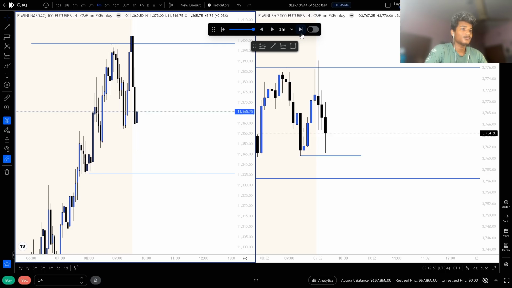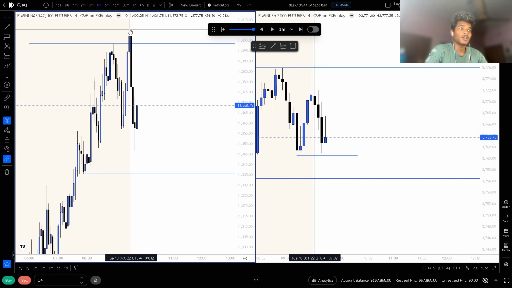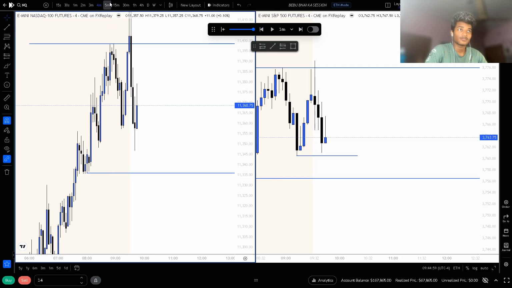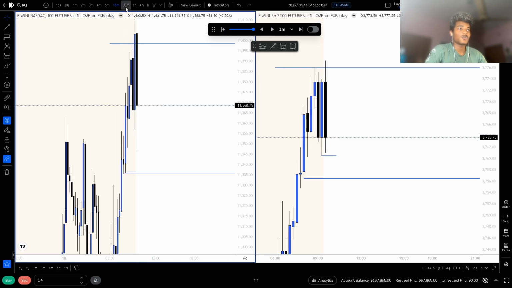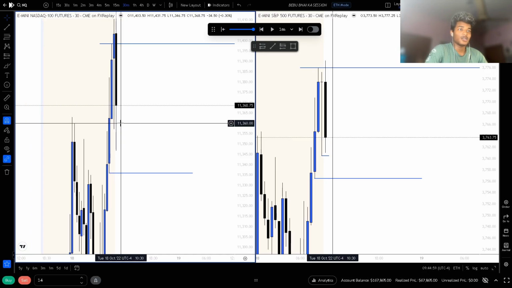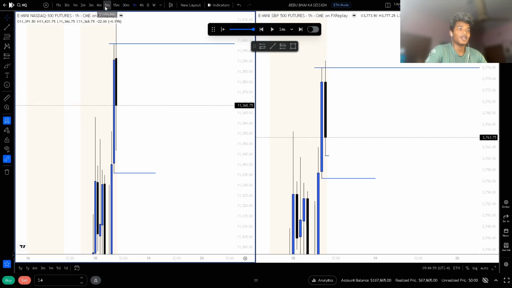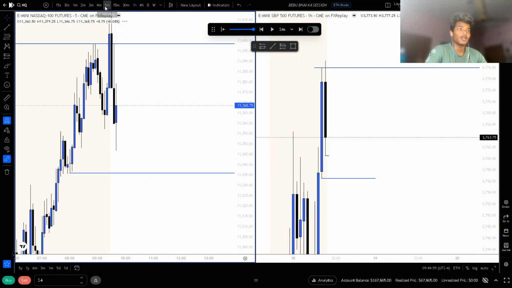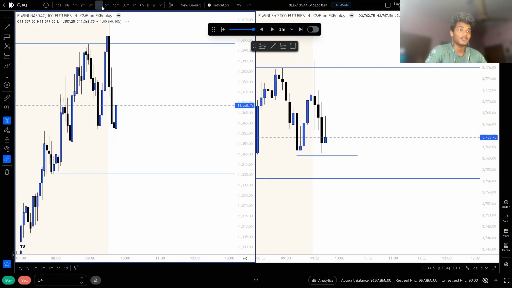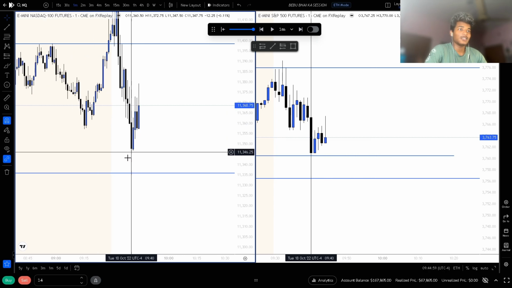So what happened is that we're just chopping in 15 minutes. We are bullish in 30 minutes, you can see, but we still have hourly unmitigated below us. I want this to get tapped, so I will not take longs until this gets taken out.